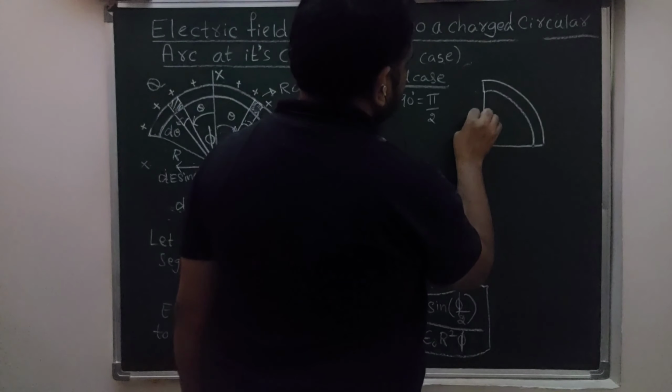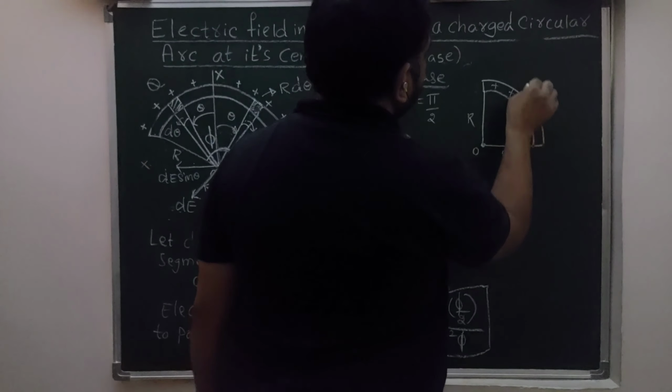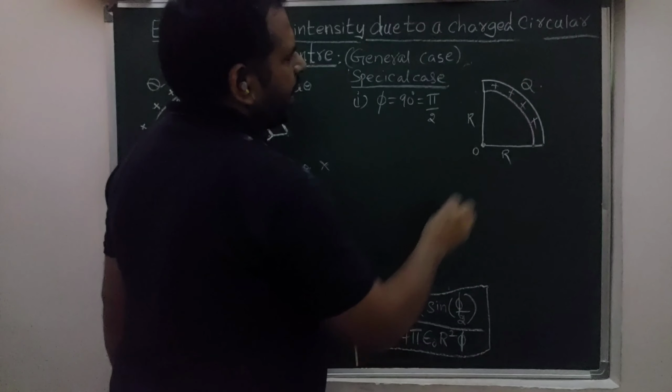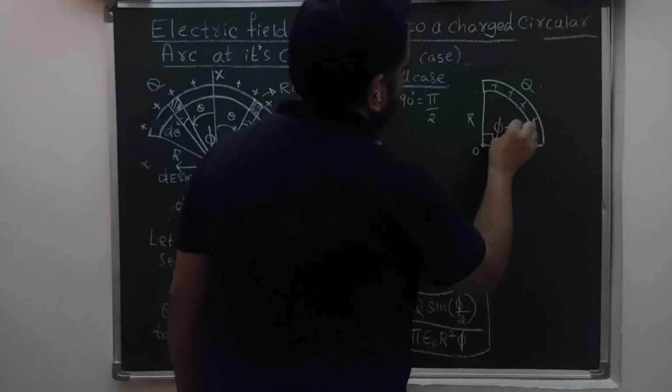This is the center, this is the radius, this is the radius. This arc is positively or negatively charged, and the total charge is Q. Here what will be the angle? 90 degrees. So phi is 90 degrees.